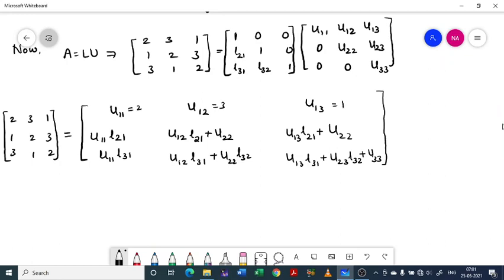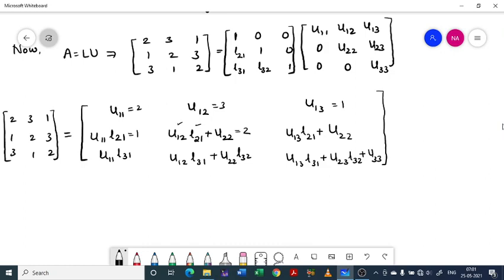Next, U11 L21 equal to 1, but U11 is 2, so 2 into L21 equal to 1. So L21 will be 1 by 2. Similarly, you know U12 and L21, so you determine U22, and check that you get 1 by 2, I think.